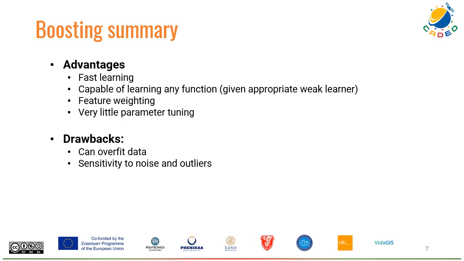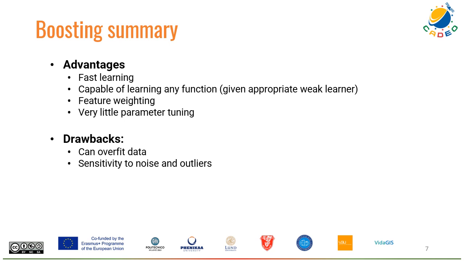Regarding the drawbacks of boosting, the first one is that it can overfit data, and this is one of the worst drawbacks. Boosting can be prone to overfitting, especially when the dataset is small or noisy, and this will lead to reduced generalization performance on unseen data.